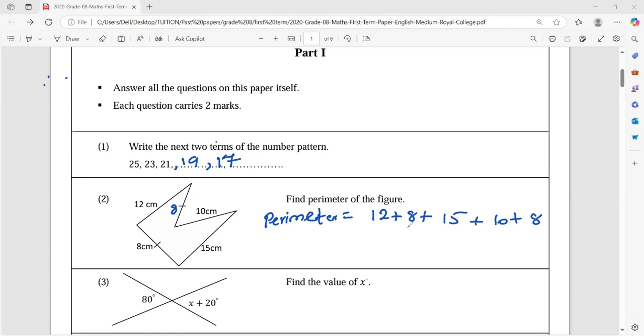Right? So 12 plus 8 is 20, and 15 plus 10 is 25, plus you have 8. Then you get 20 plus 25 is 45, plus 8, which is equal to 53. Okay, and you must show the units. This is centimeters because this is a perimeter.